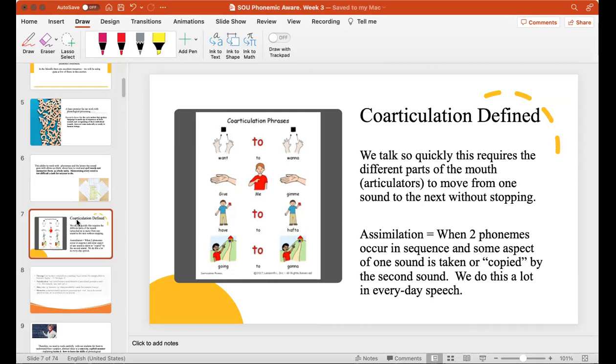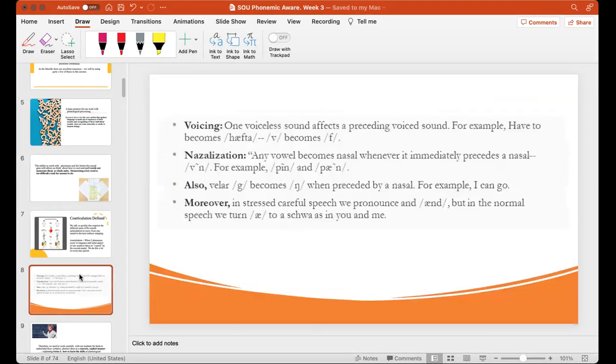We articulate some things so quickly, and we move from one position in our mouth to another so quickly, that it's very hard to make a distinction and stop there. So when two phonemes occur in sequence and some aspect of the first one bleeds into the second one, it's really hard for many people to pull those apart and say how many sounds are in this sequence or word.